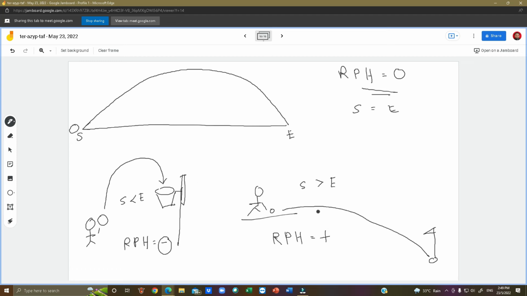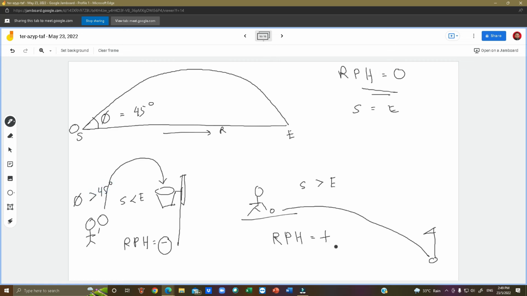Okay, why we need to know all these 3 things? Simple. It is proven that if RPH equals 0, the recommended theta equals 45 degrees in order to get the longest range. Tapi kalau dalam case macam ni, RPH negative, the recommended theta is actually more than 45 degrees. So yang ni lawan dia lah.